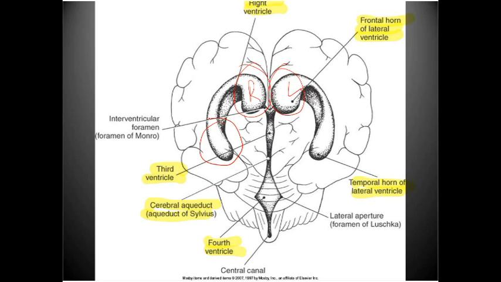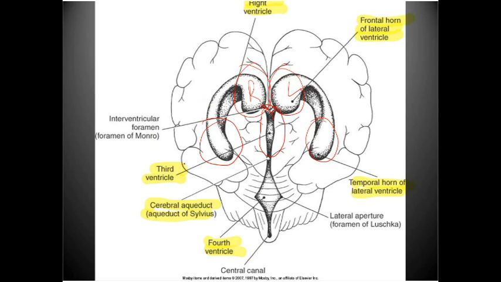Then this would be the temporal horn of the lateral ventricle. We don't really see the occipital horn displayed very well. But then we have the third ventricle, which looks more slit-like, like someone took a knife and sliced straight up and down, and you have an opening.